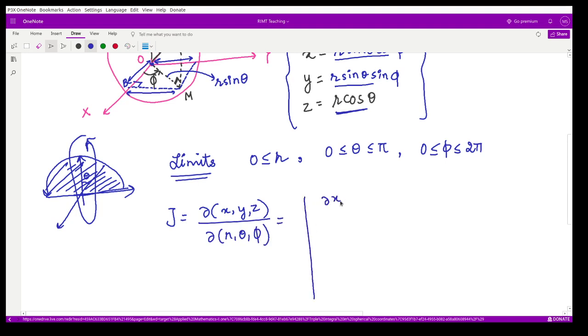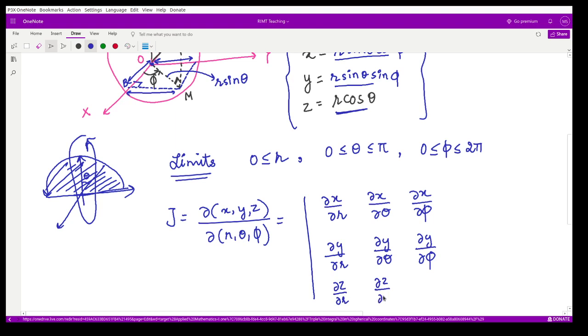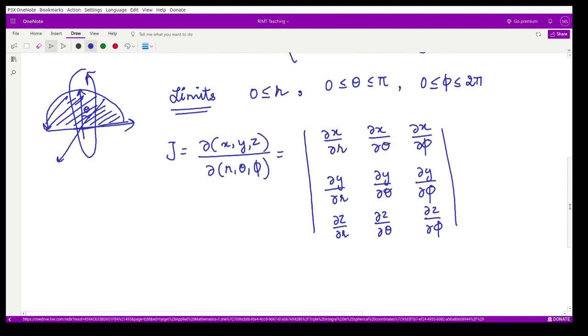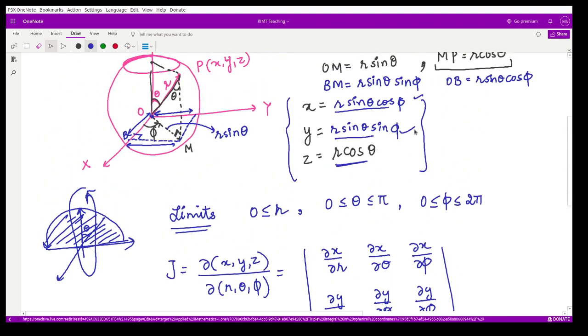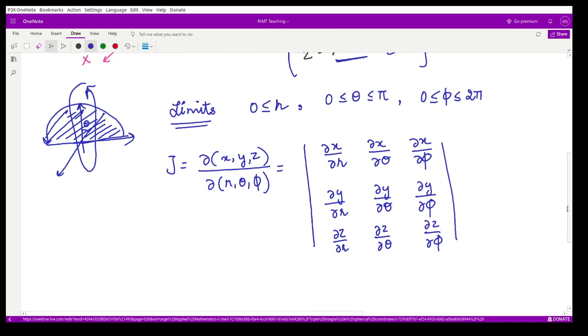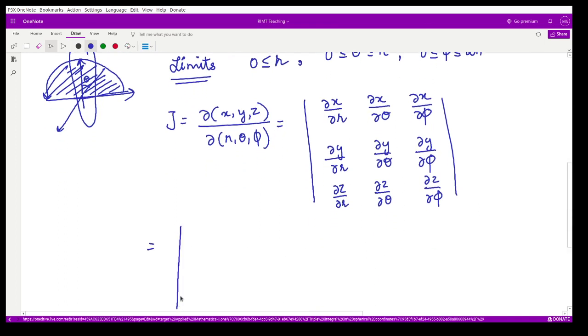So we have del x by del r, del x by del theta, and del x by del phi, then del y by del r, del y by del theta, and del y by del phi, and then del z by del r, del z by del theta, and del z by del phi. So this is the formula. Here we know the relationships, so we can calculate the partial derivatives. It is simple.